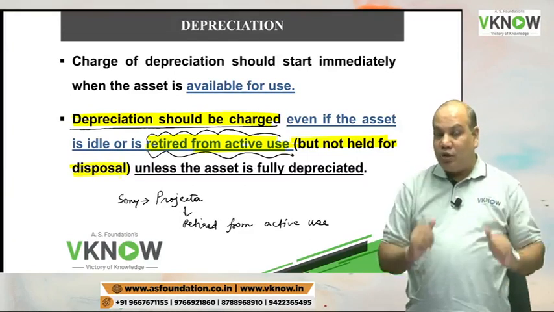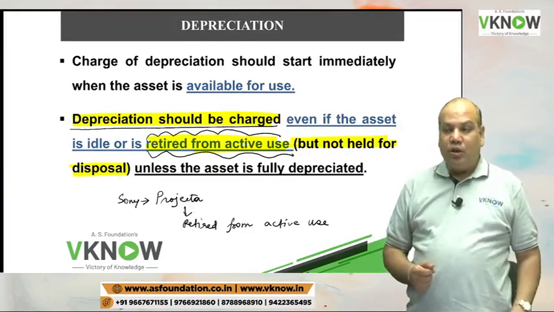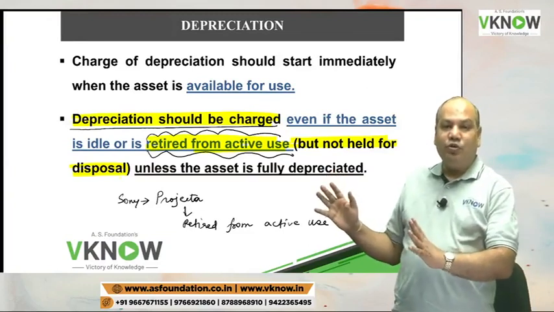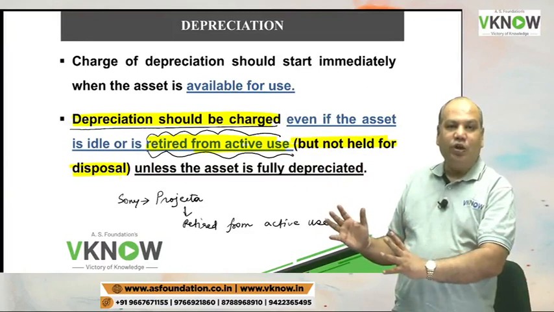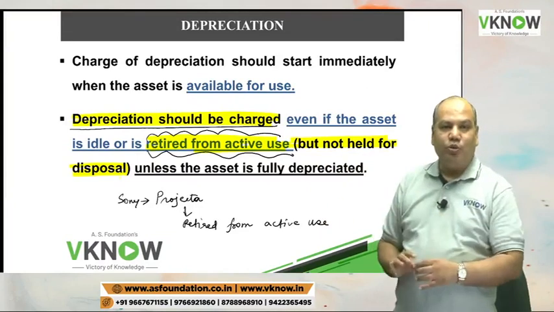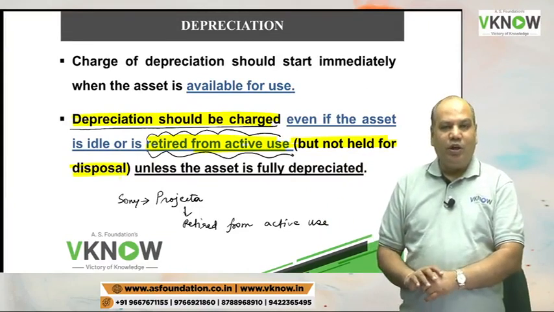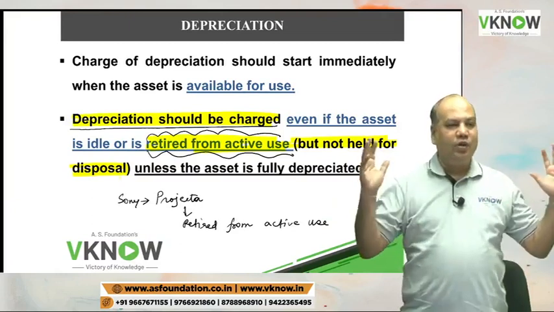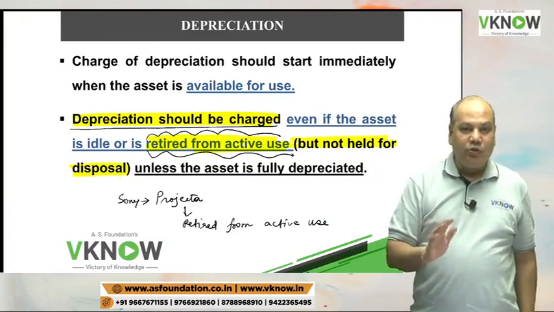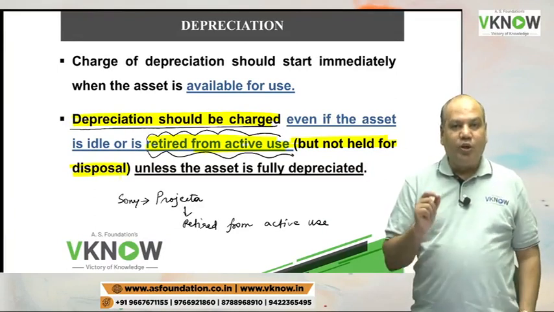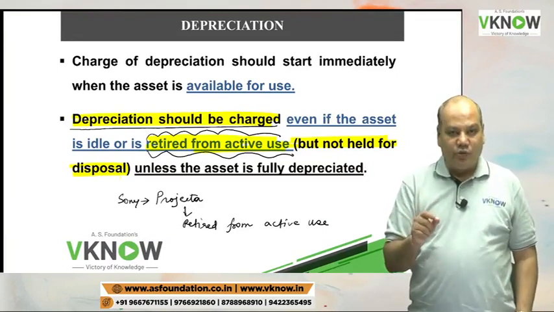But I-10 is not held for disposal. I have not advertised on OLX that this I-10 car is now for sale. I have not put a hoarding outside my building wall, I-10 for sale. That is called held for disposal. It is not held for disposal, so depreciation will be charged.